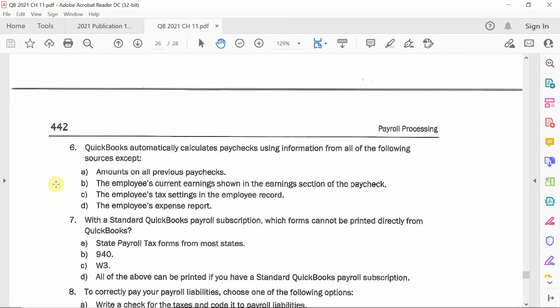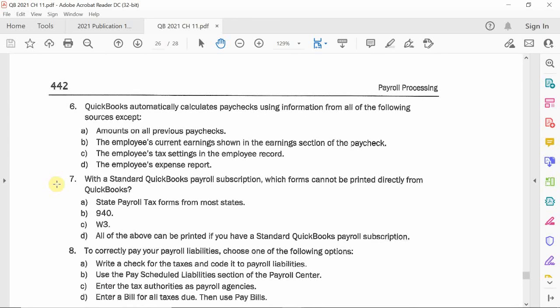Okay. Number 7. With a standard QuickBooks payroll subscription, which forms cannot be printed directly from QuickBooks?